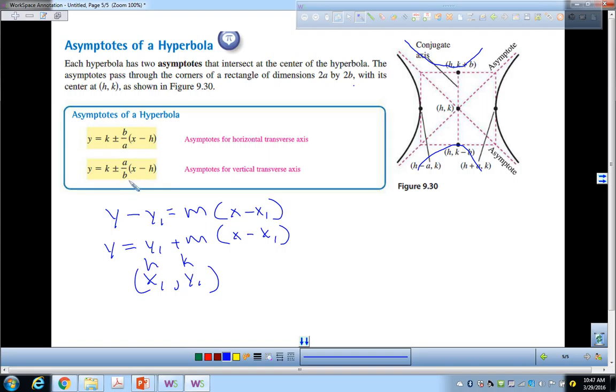And it's plus or minus, because one of them is minus and one of them is plus. And so that's how you find the equation of your asymptotes.